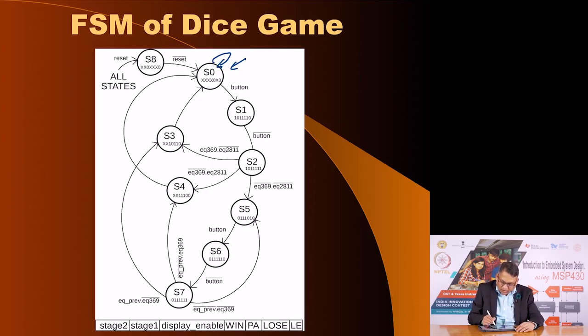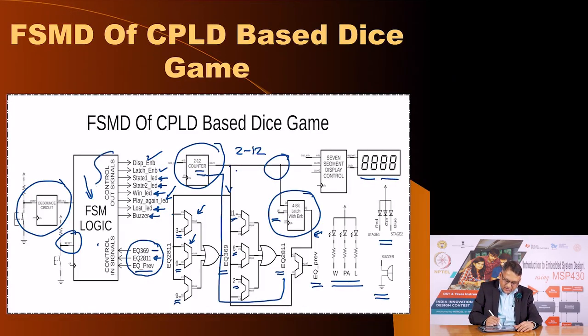In S1 now, in each of these states certain outputs are being produced, and I will show you the next slide where we have made a list of these outputs, and we know these outputs. What are these outputs? These outputs are these various values, which consist of signals which are control signals to the data path, and 3 global signals which is win, play and lose, and 2 more global signals which is to indicate whether you are in stage 1 or stage 2.